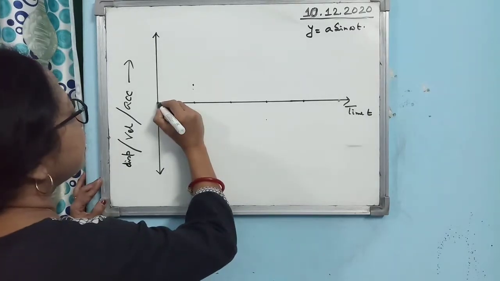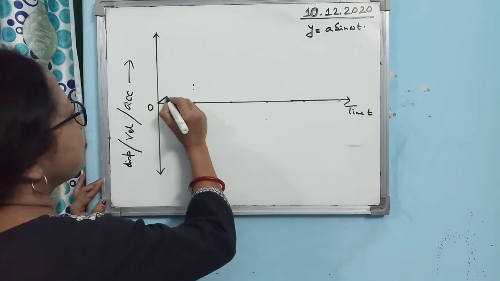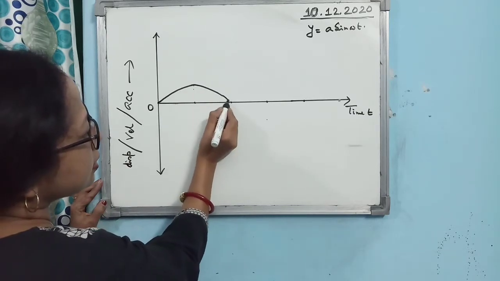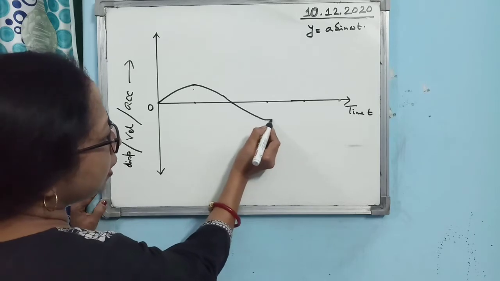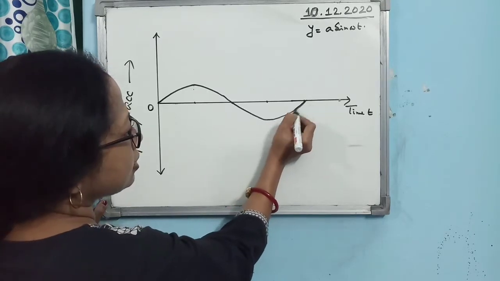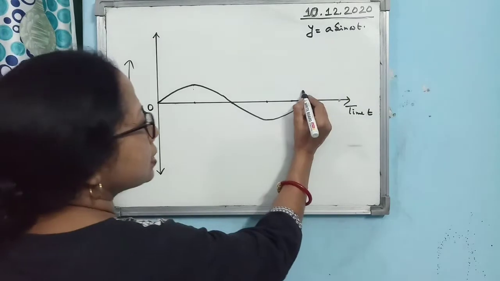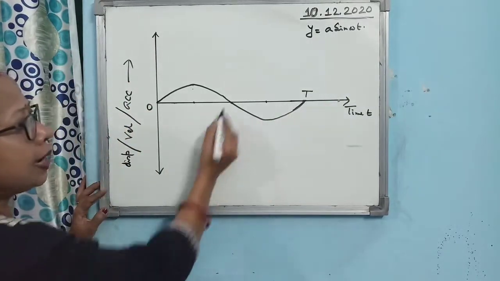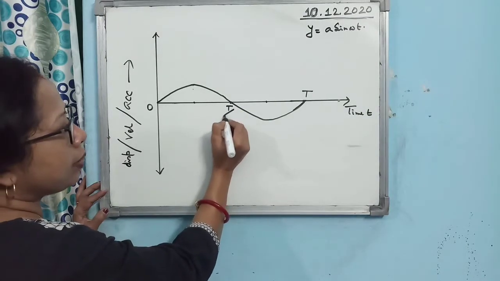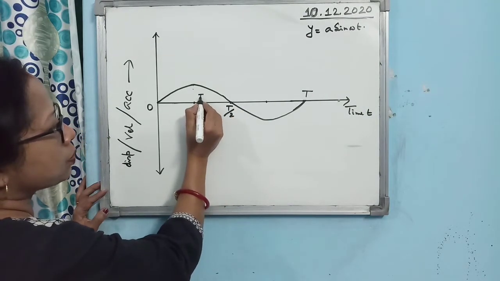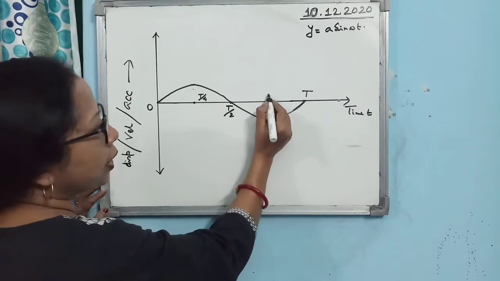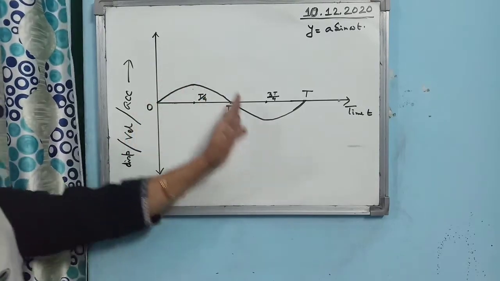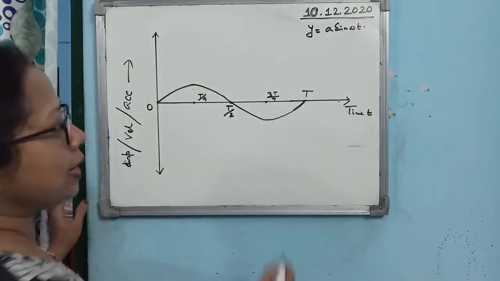If you consider that this is the origin, mean position, then displacement will become maximum, then 0, then maximum in the opposite direction and again 0. If this is the total time, that is time period, this point will correspond to T by 2, this point to T by 4, and this point to 3T by 4. Okay, so this is the graph for the displacement.